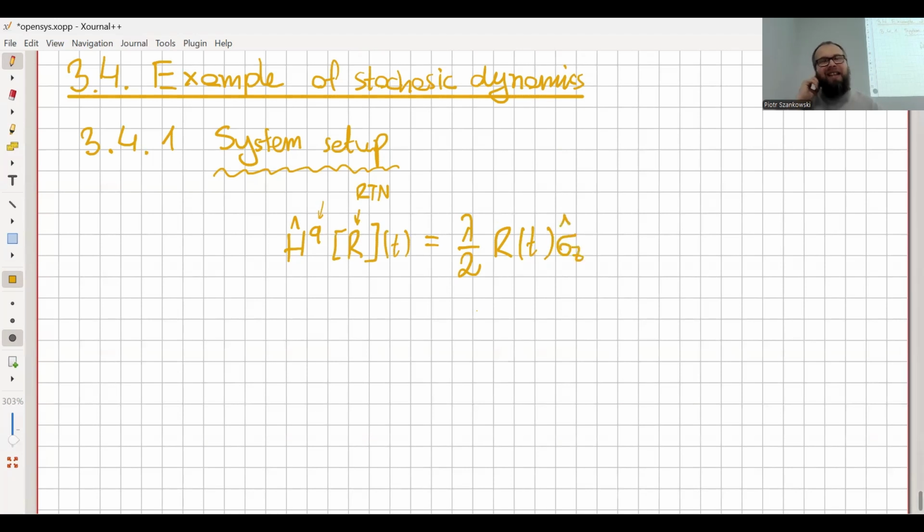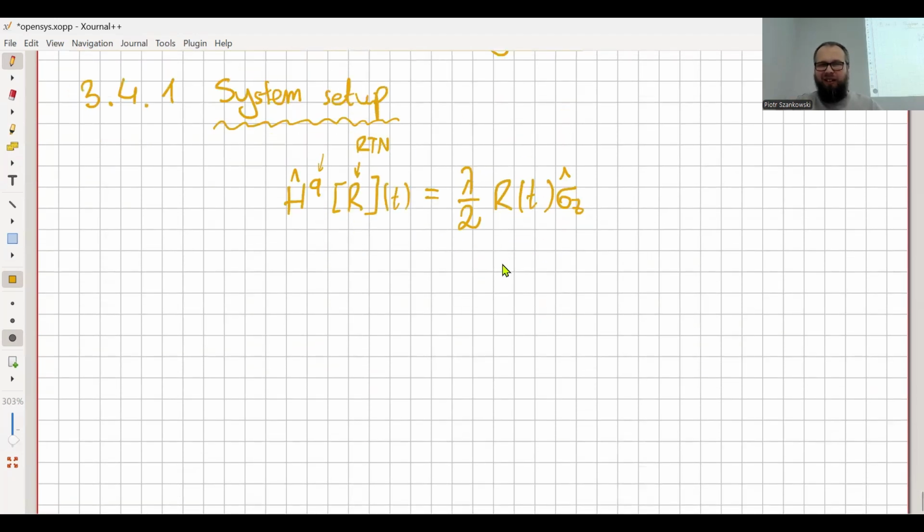So it doesn't have this H0 part. It's only the operator multiplied by a stochastic process. And sigma z, just as a refresher, is a Pauli matrix.